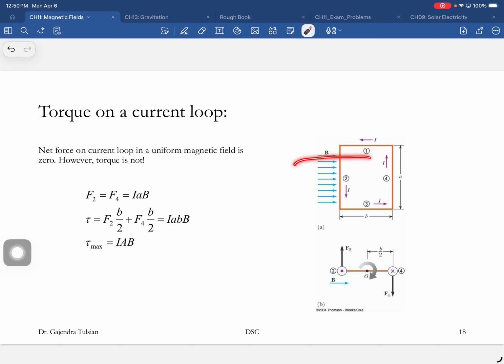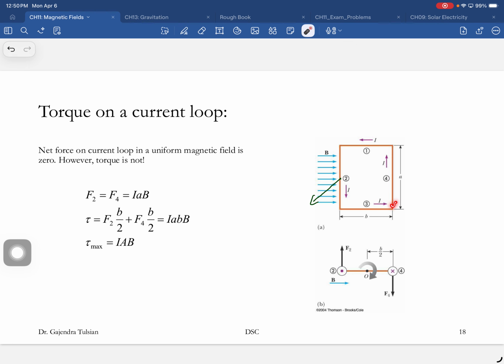Okay, so if in a uniform magnetic field you place a closed loop of wire carrying a current, here's what happens. Let's figure this out for this wire. Here's the magnetic field. Here's I. L cross B. If you turn a screw from here to there, the force on this will be out of the sheet.